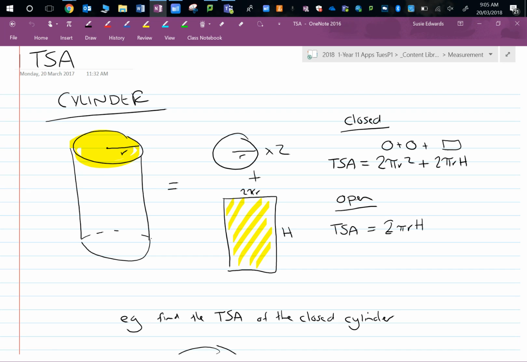If it's completely open, we only have to find the 2 pi r h, because we don't have to add the circles. What if it had a base but no lid? You'd have to add 1 lot of pi r squared. So open means neither, closed means both. And then think about the story as well. If it tells you there's a base, there's definitely a base.